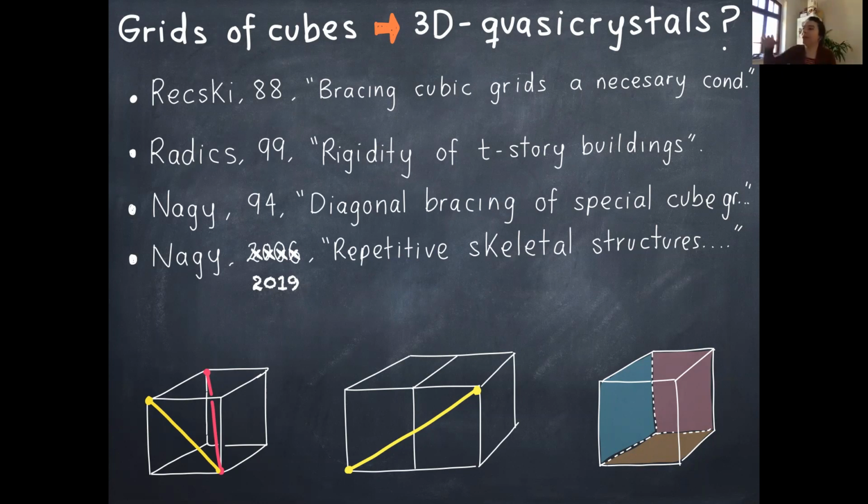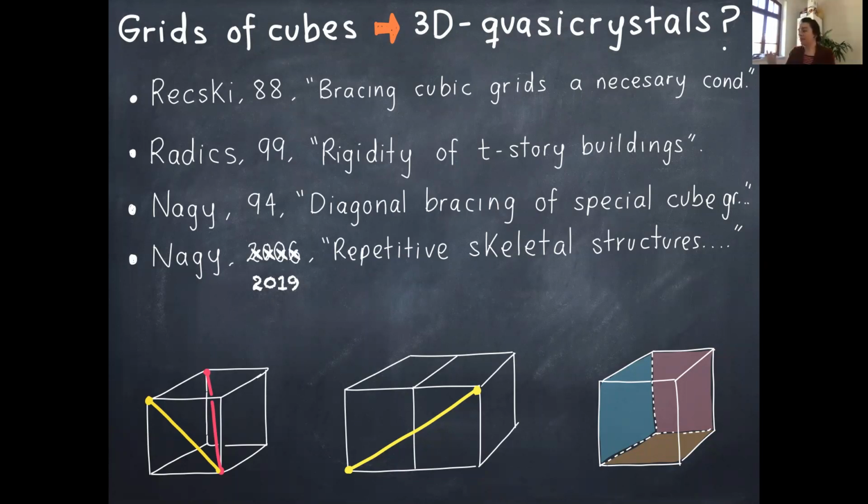To the best of my knowledge, there is no theorem that tells us how to minimally brace a grid-like framework with plates. So the picture on the right here would be a plating of the cube that makes it rigid. We are interested in that case: bracing the framework with these plates.